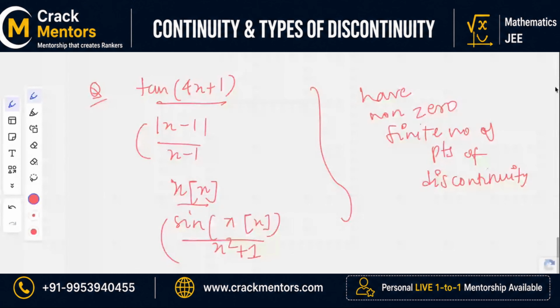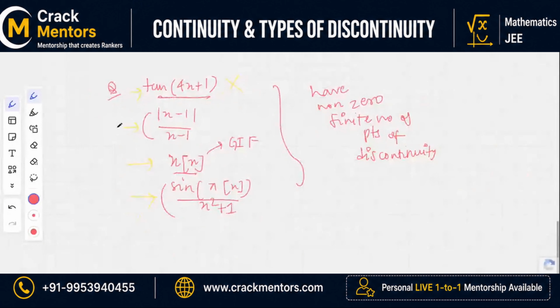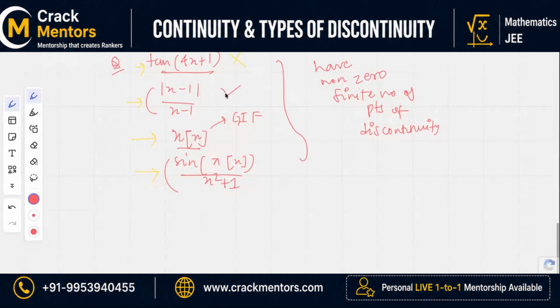Wait, so the third one is x and then greatest integer function of x, right? Yes. There are 4 options. Okay. So tan 4x plus 1 will have infinitely many points, so I don't think that's correct. And mod x minus 1 by x minus 1 will be non-zero and finite, yeah. It'll have only 1 point, right? It'll be discontinuous at x equals 1, so non-zero and finite. Okay, correct.